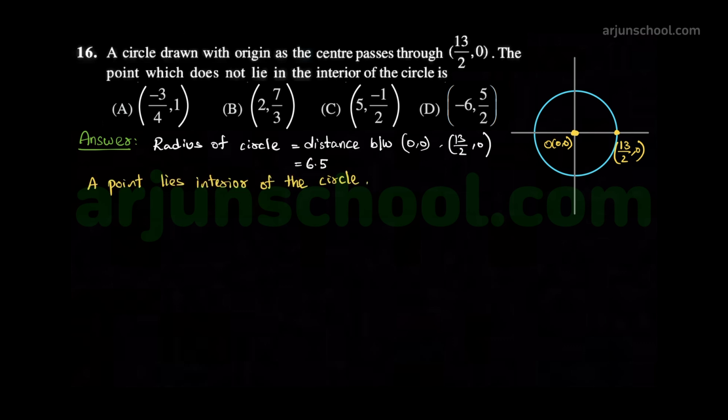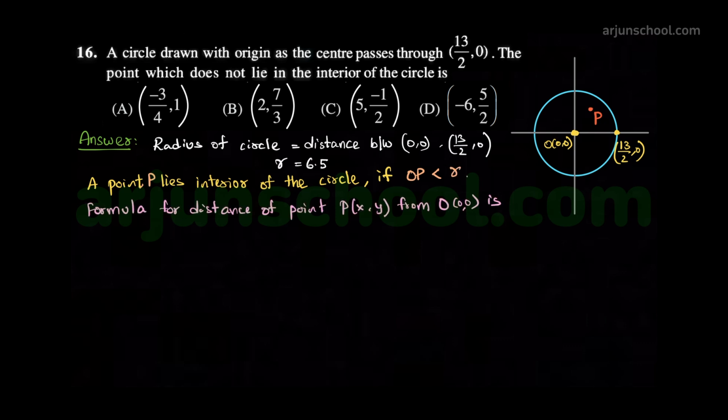Now, if a point lies in the interior of the circle, let us say that point is P, then the distance from the center of the circle to that point, OP, must be less than the radius of the circle R, where the radius of the circle is 6.5. The formula for the distance of point P(x, y) from origin is root over x square plus y square.